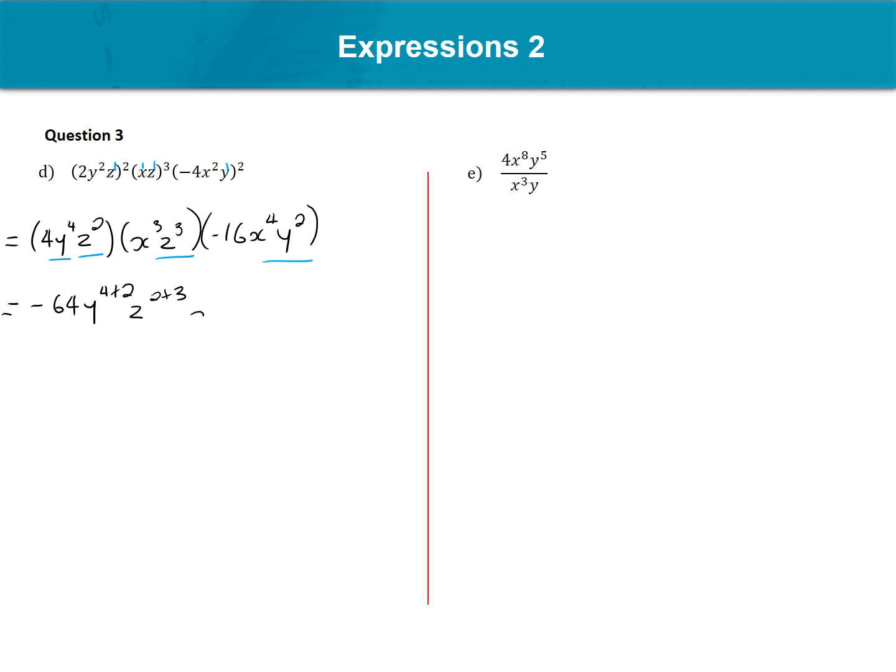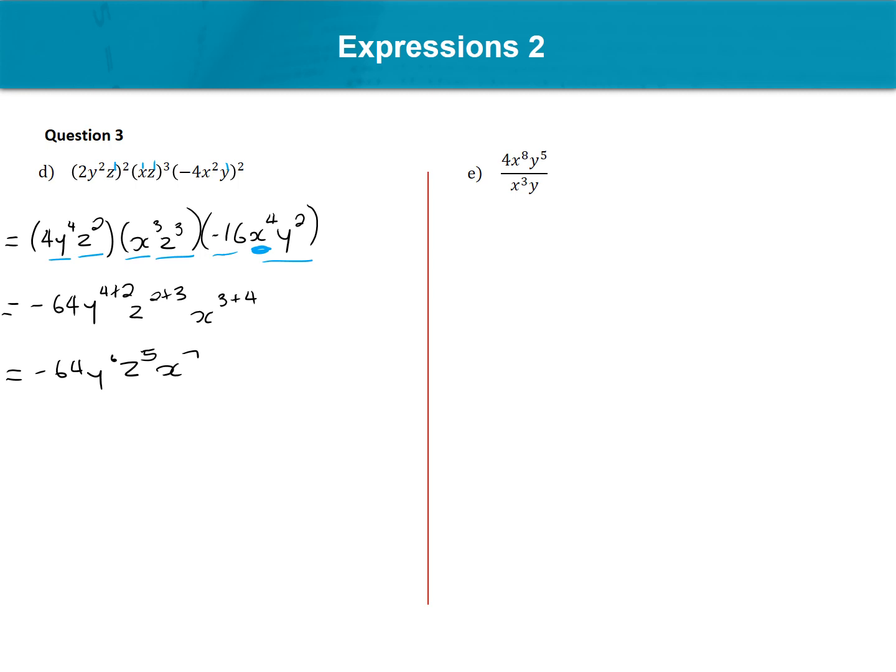And then we have x to the power of 3 plus 4 with that x and this x over here. If you underline them as you're striking them off, you can remember to not miss out on any of the variables. So you're left with minus 64 y to the power of 6, z to the power of 5, and x to the power of 7.